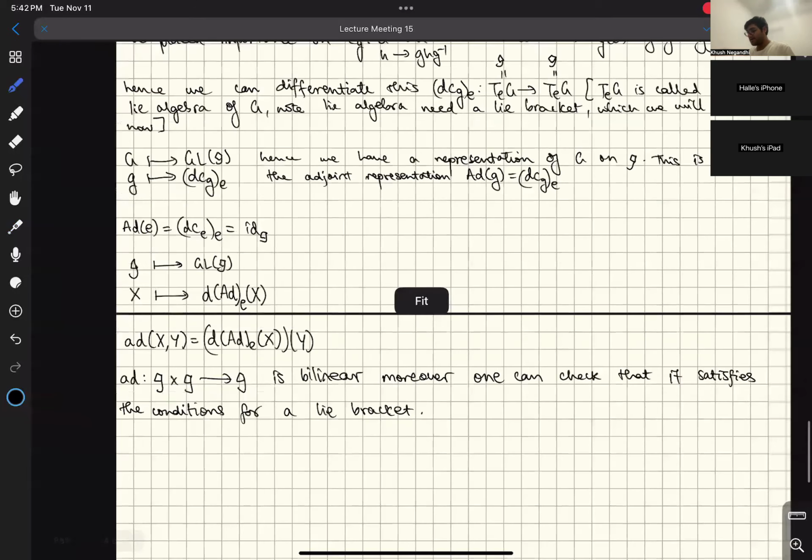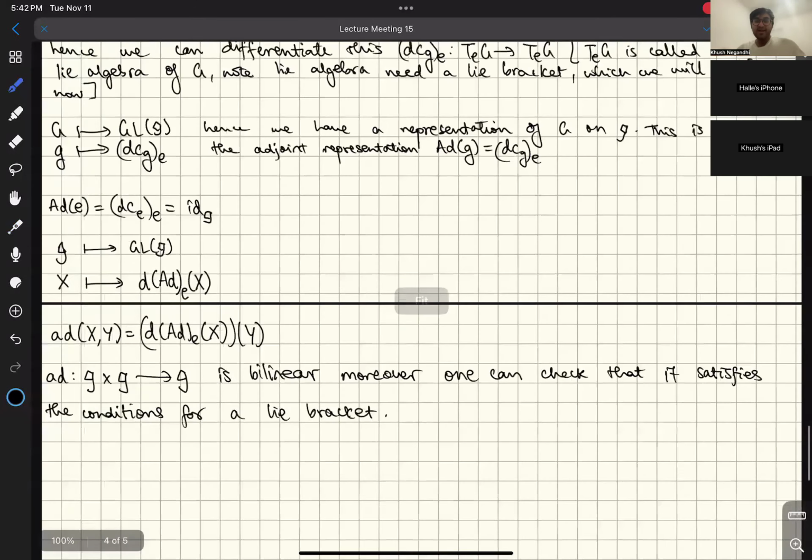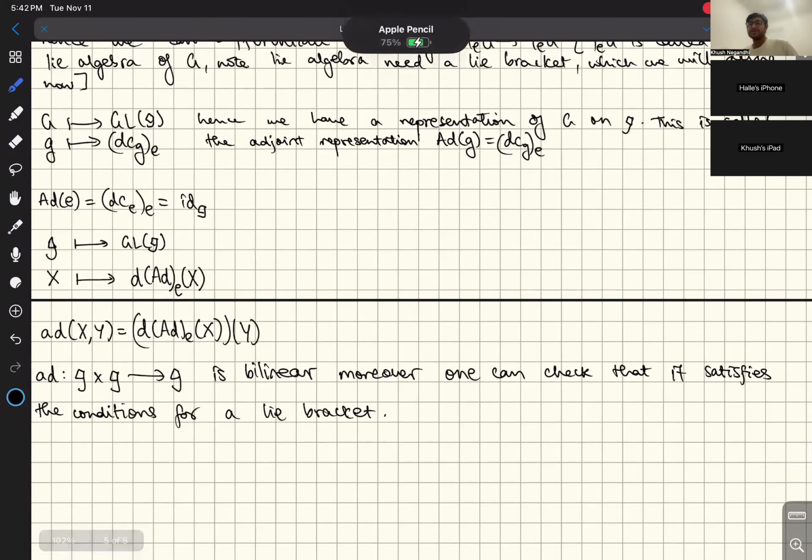In other words, the tangent space at identity has a canonical Lie bracket, given by the adjoint representation of its Lie algebra.